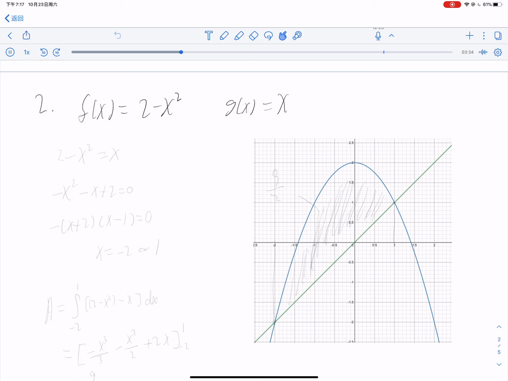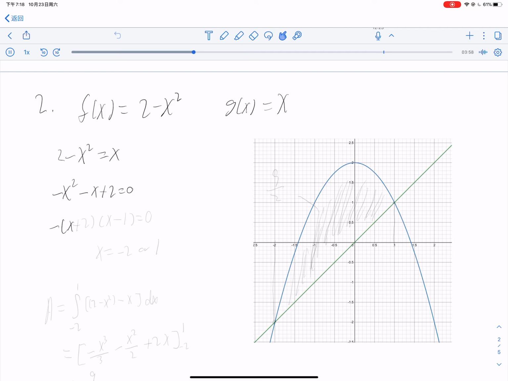So let's talk about this in a simple way. You basically want to make the two functions equal to each other. So 2 minus x squared equals x. So negative x squared minus x plus 2 equals 0.